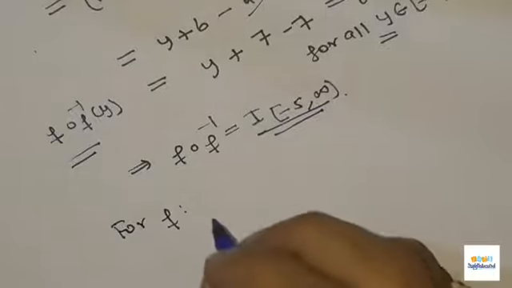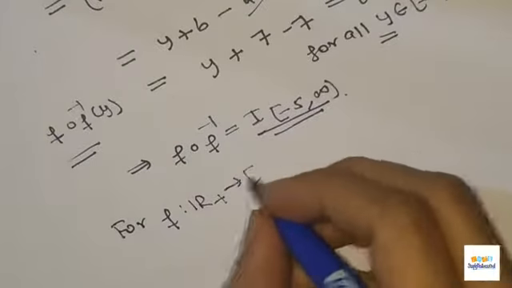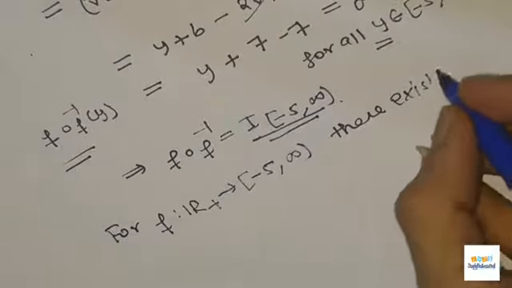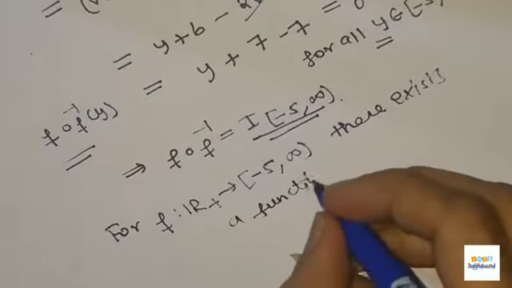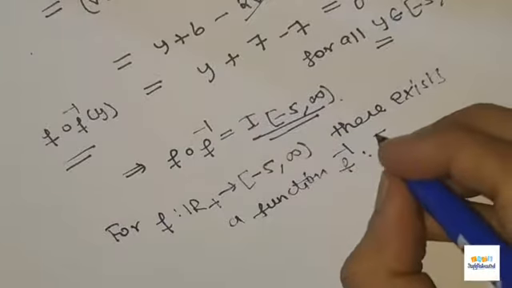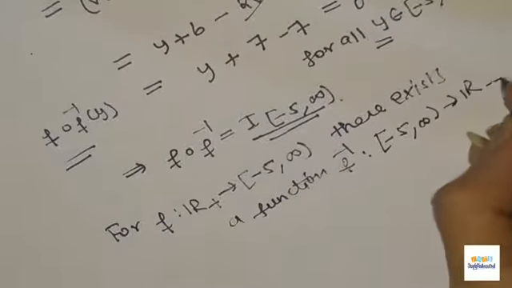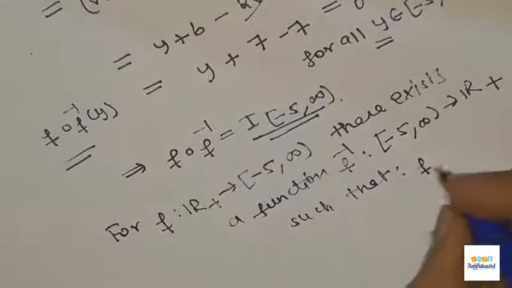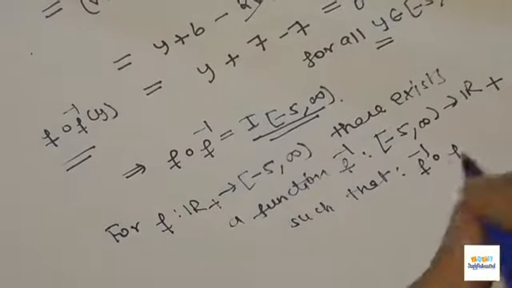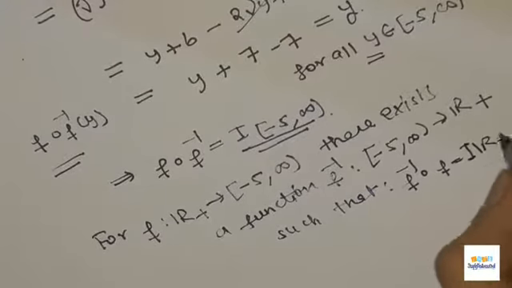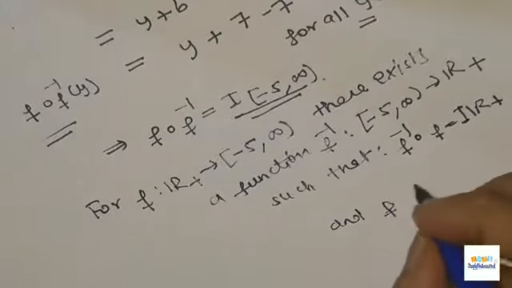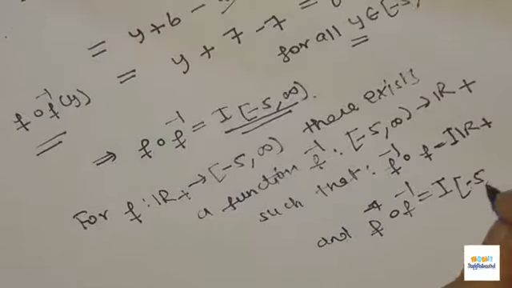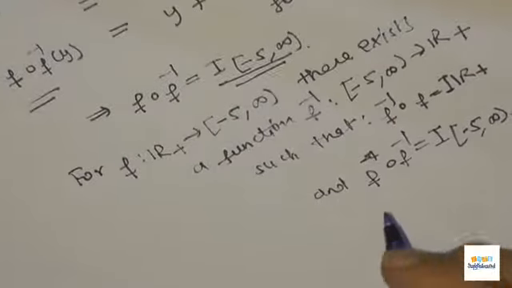So what you have got is, for f from R plus to closed minus 5 to infinity open, there exists a function f inverse from minus 5 to infinity to R plus, such that, what was the first thing we proved, f inverse composition f is equal to I suffix R plus, that is the first thing we proved, and f composition f inverse is equal to I suffix minus 5 comma infinity open, this we proved, right?